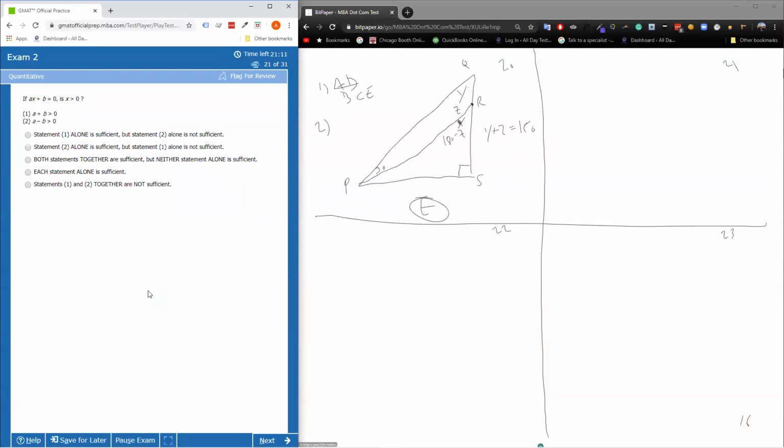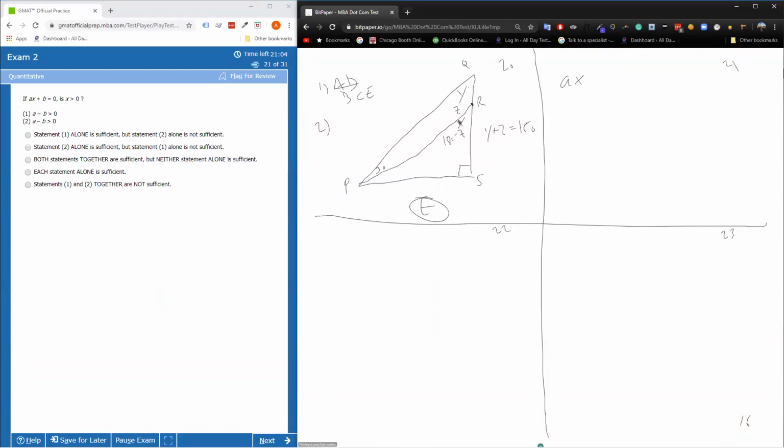If ax plus b is equal to 0, is x greater than 0? Statement 1: a plus b is greater than 0.